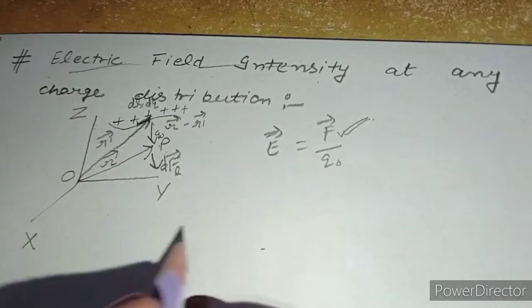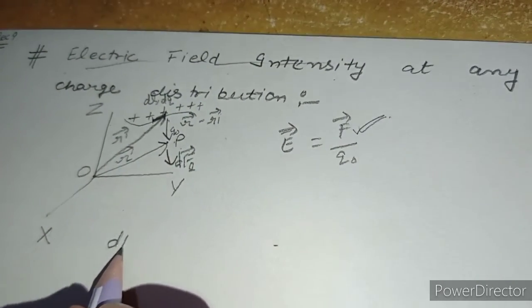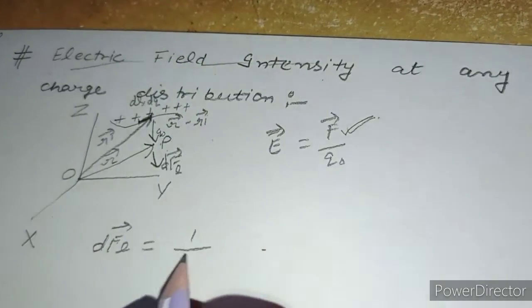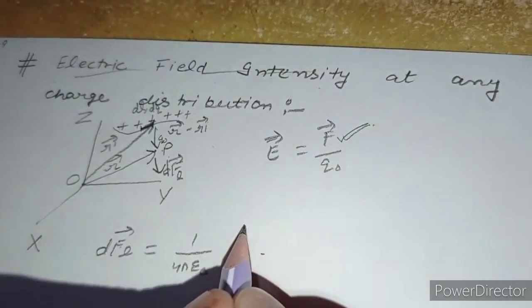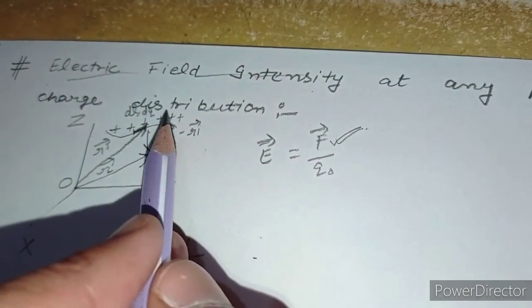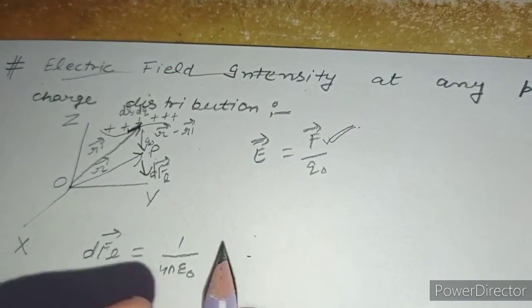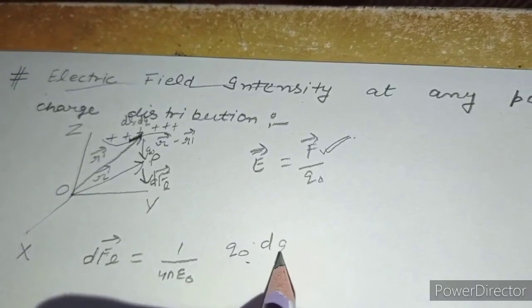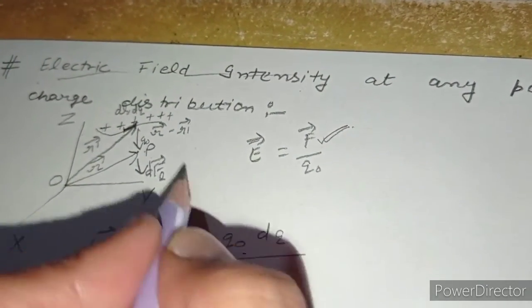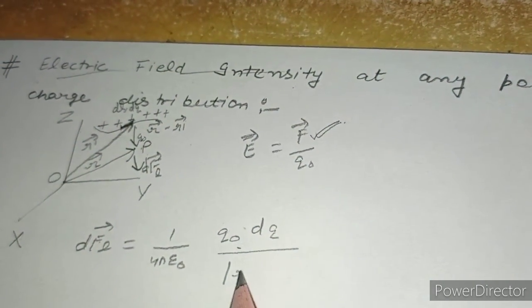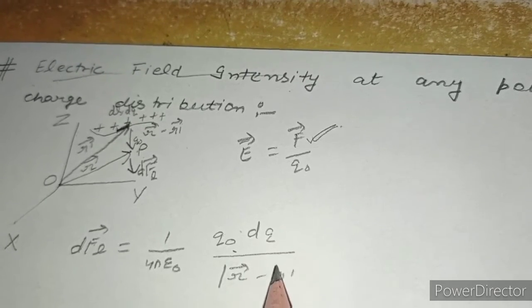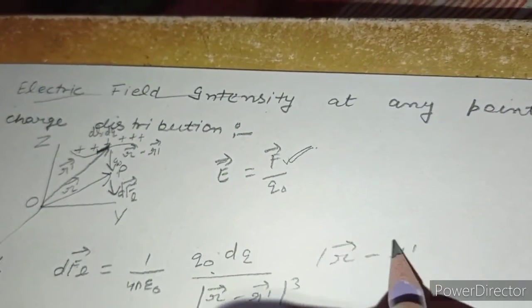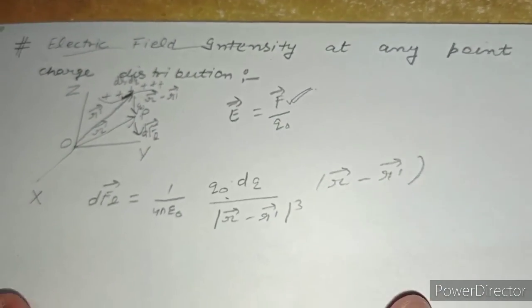By applying Coulomb's law, dF_L will be 1 by 4 pi epsilon naught times the product of charges. Here the charges are dq and q naught. So it will be q naught dq over the distance, which is the magnitude of r vector minus r dash vector cubed, times r vector minus r dash vector. Clear?